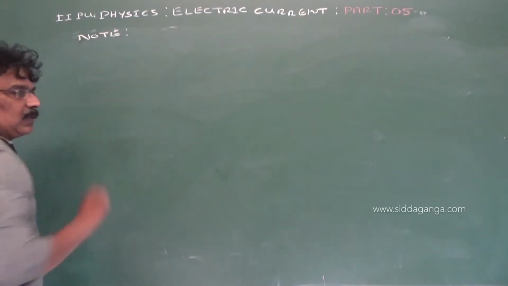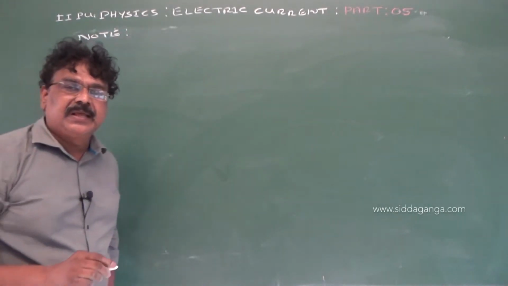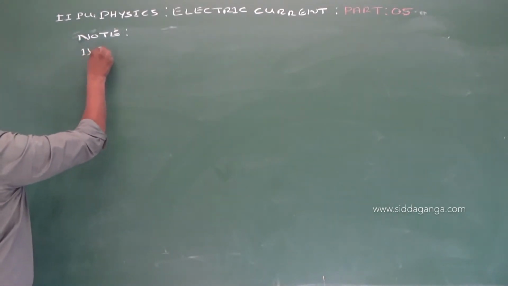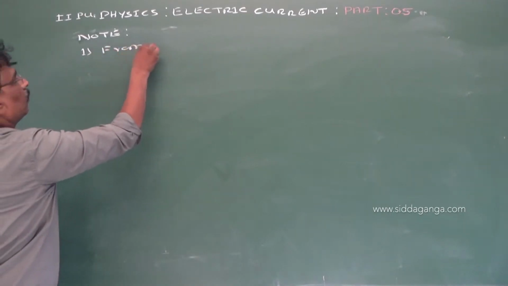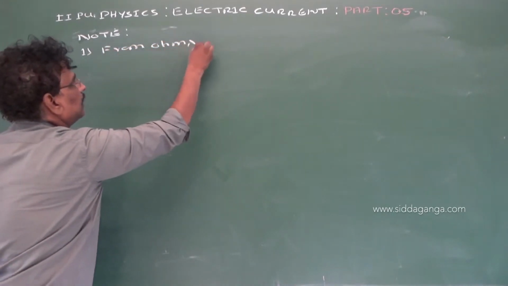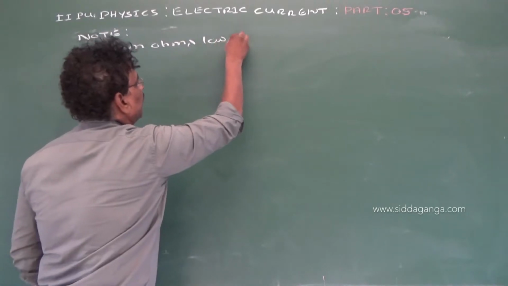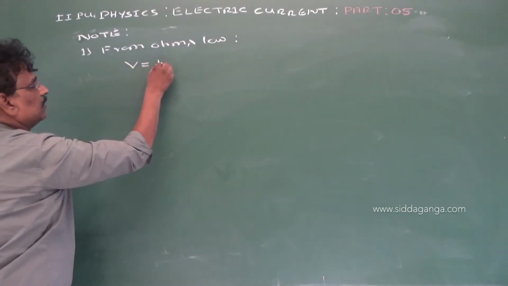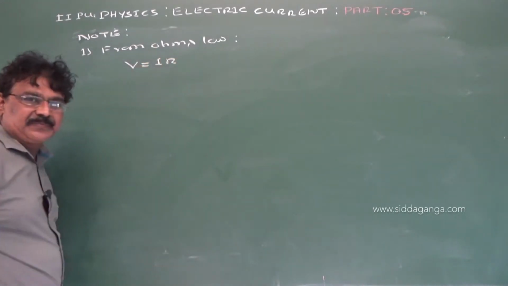So note points. Now from Ohm's law we have V is equal to IR.